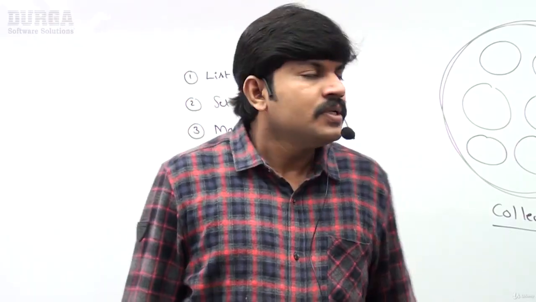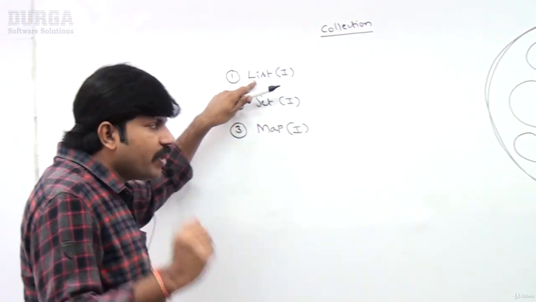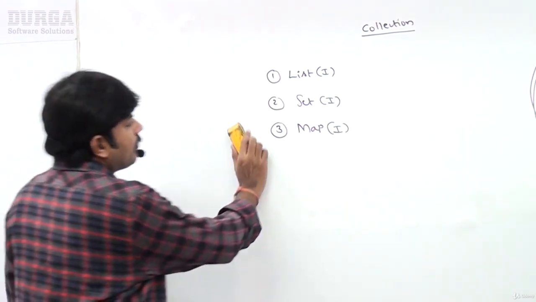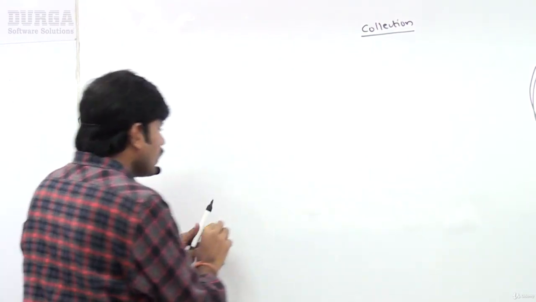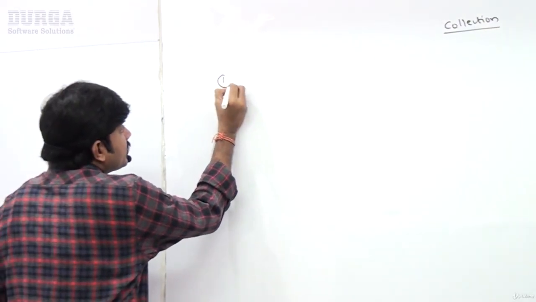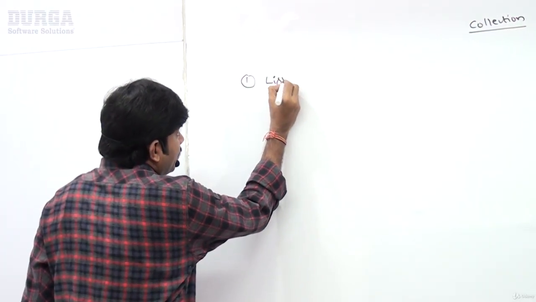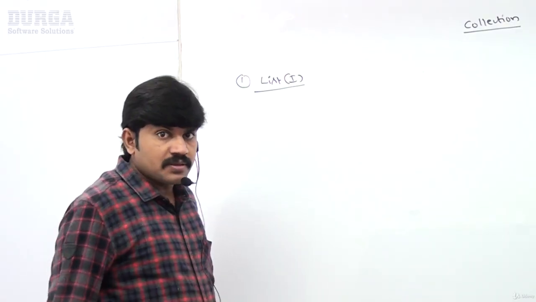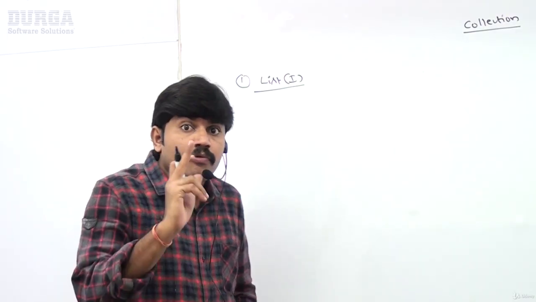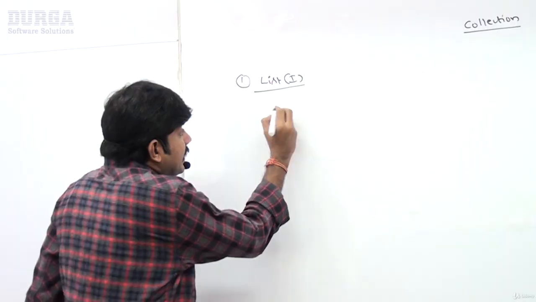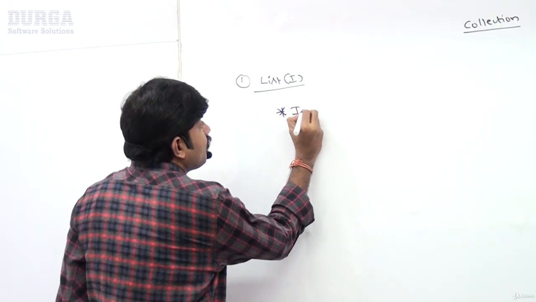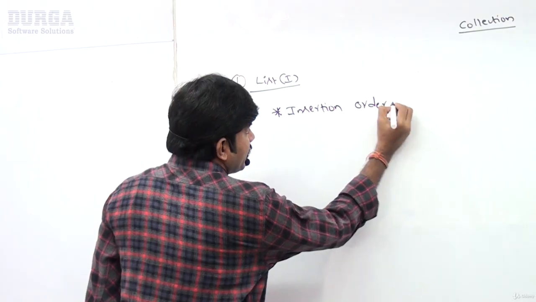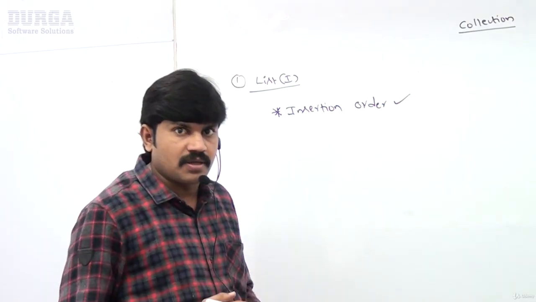Now, sir, when should we go for list? What is the meaning of the list concept? Observe very carefully. Sometimes I want to represent a group of objects as a single entity where insertion order is preserved.